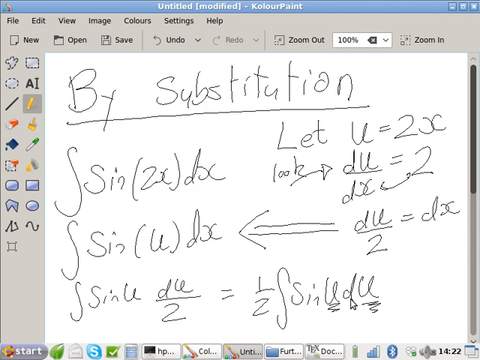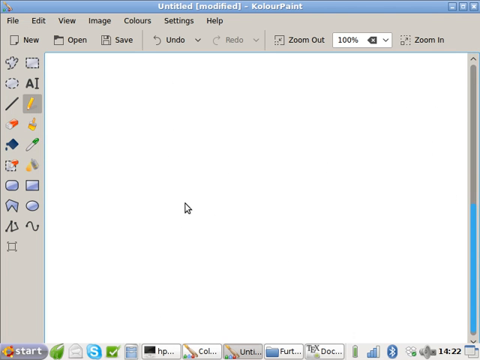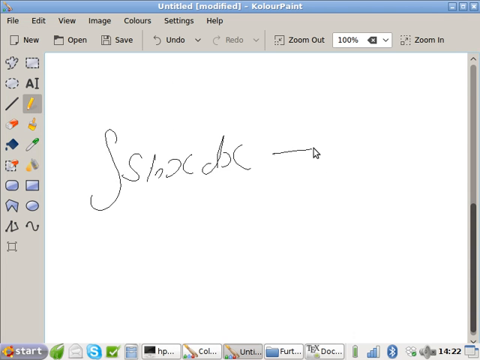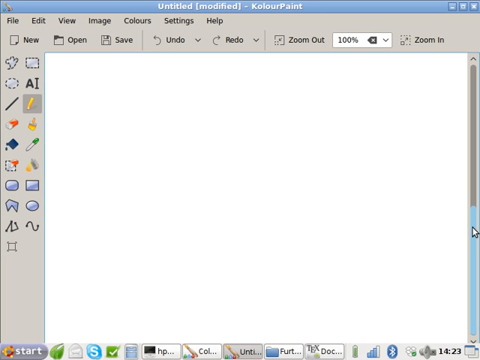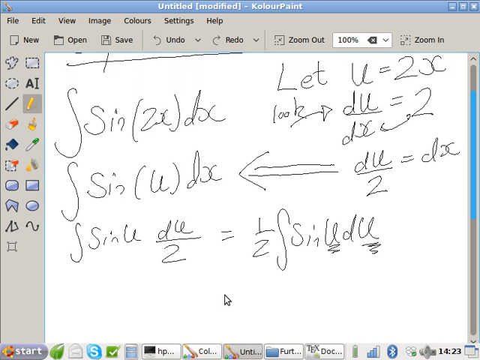But it doesn't matter. This here, sine x dx, is exactly the same type of problem as this sine u du. There's no difference. So what do I get? If I go back up, what does this become?